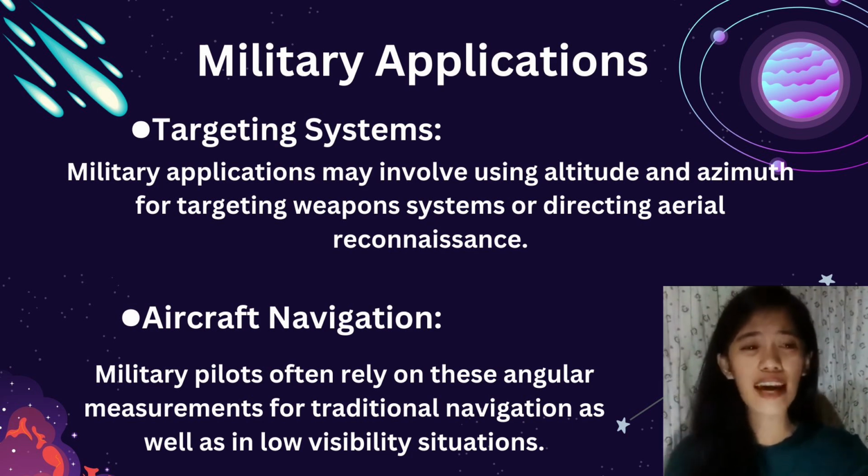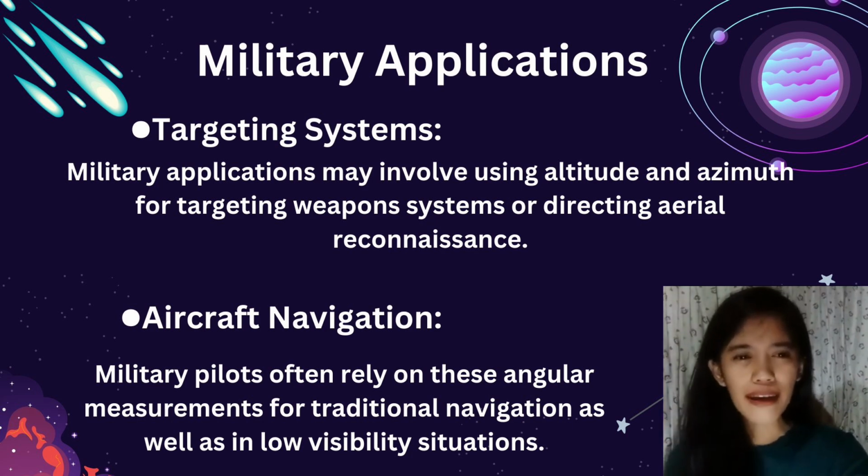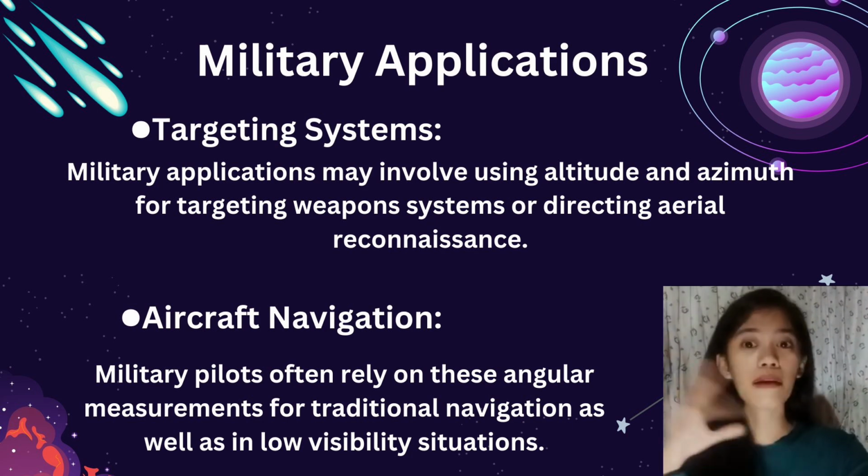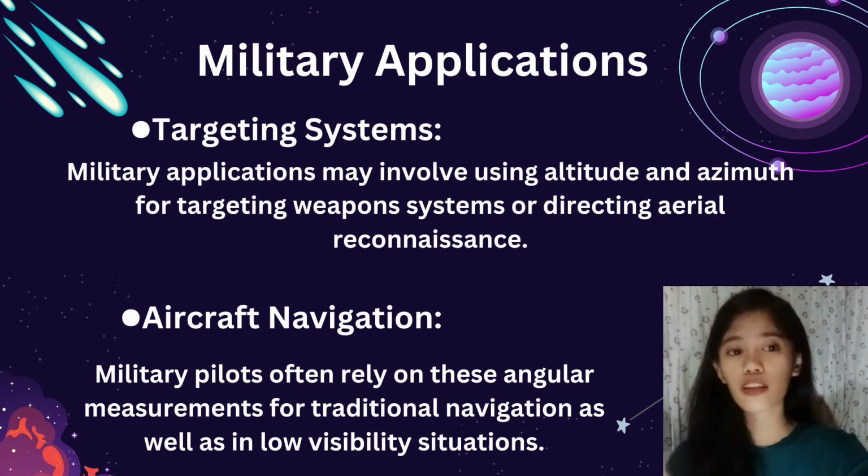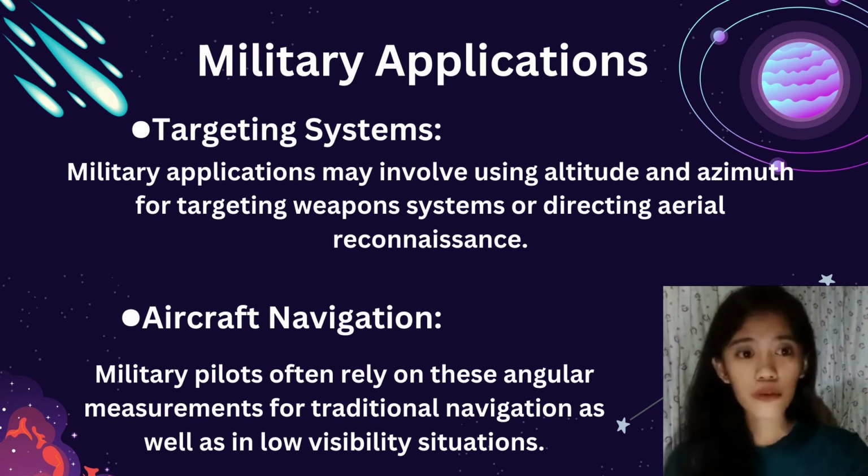Precise understanding and calculations of these factors allow for improved targeting accuracy, enhanced navigational capabilities, and optimized operational effectiveness. Or whatever tactical trainings or ballistic calculations, like no room for errors.